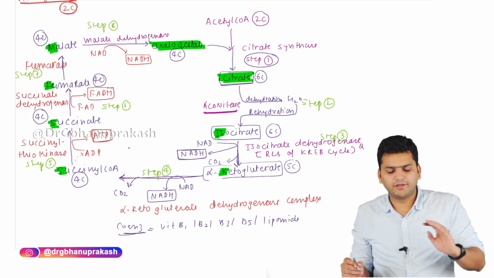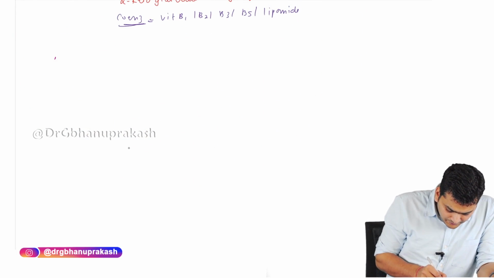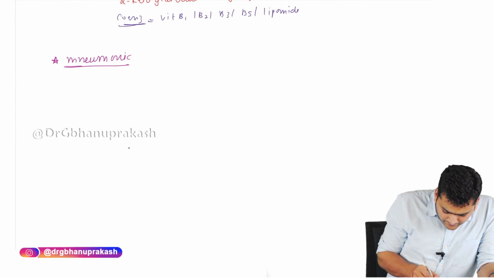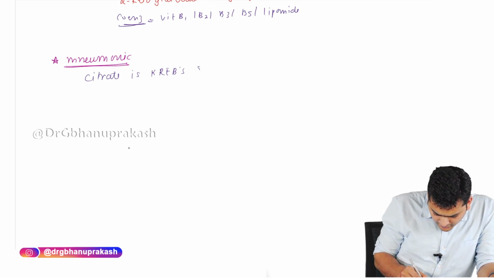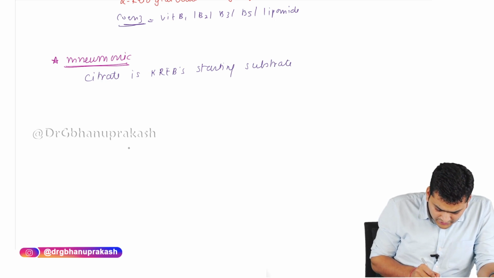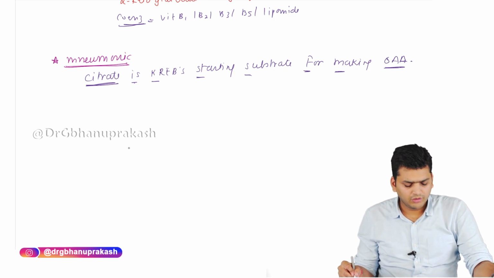The mnemonic for how to remember the various intermediates of the Krebs cycle is: Citrate Is Krebs Starting Substrate for Making Oxaloacetate. This is the mnemonic that we are going to follow.